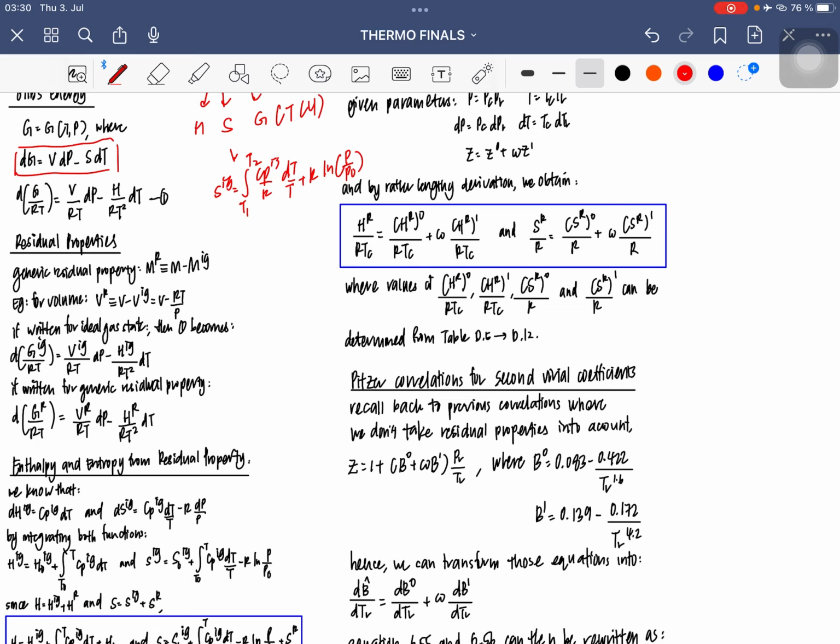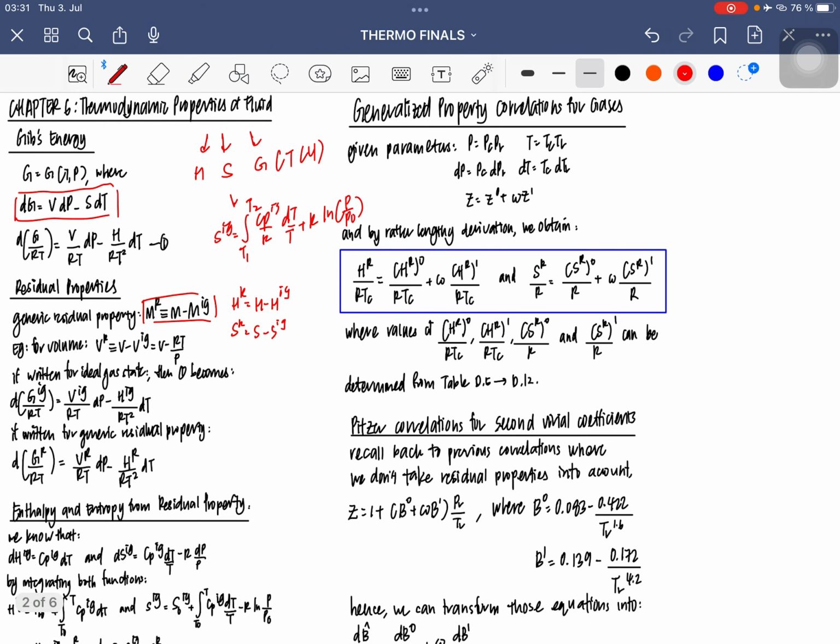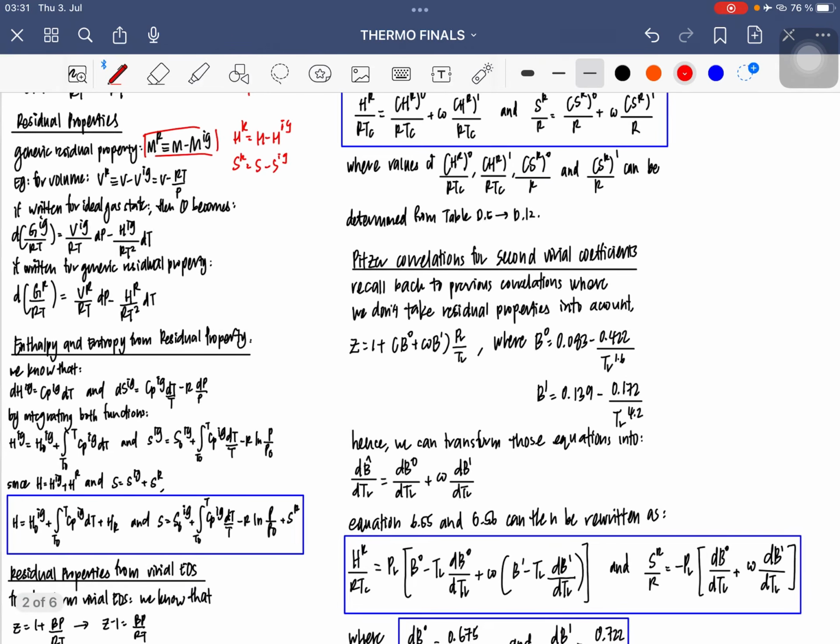From this equation here, MR equals M minus M ig, where M is any thermodynamic property. It can be enthalpy, where H minus H ig, or it can be entropy. So what we want to know is how much the real value of enthalpy deviates from the ideal value. That's basically it for residual properties.